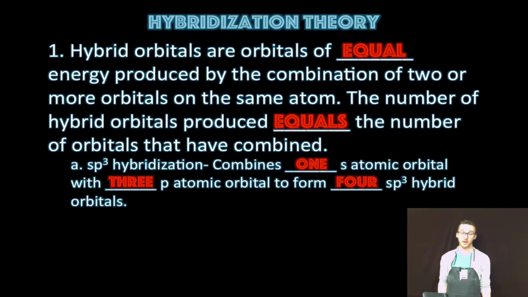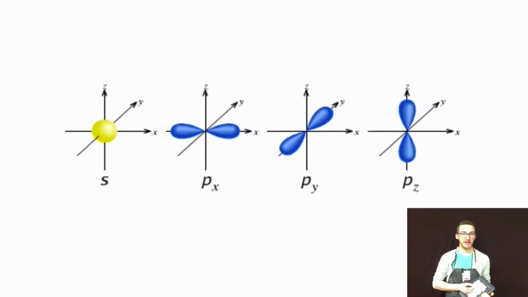Now, we're going to start with what's called sp3 hybridization. In this instance, we combine one s atomic orbital with 3 p atomic orbitals to form a total of 4 sp3 hybrid orbitals. Check out this animation that shows the mixing together of 1 s and 3 p orbitals to form 4 sp3 hybrid orbitals.